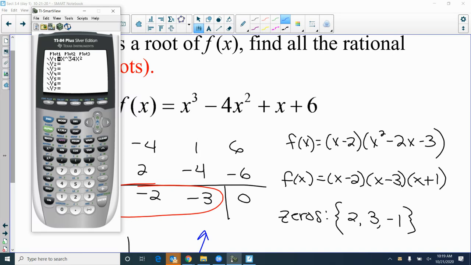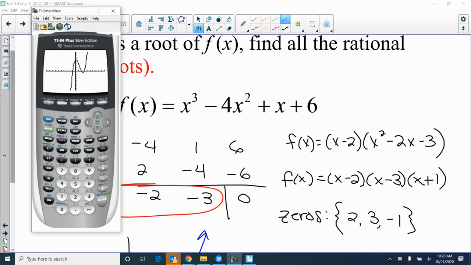Minus 4x squared. This is not working really well here. Minus, is that not showing up? 4. Okay, plus x plus 6. All right, graph. And window, zoom. I'm going to go back to standard window.